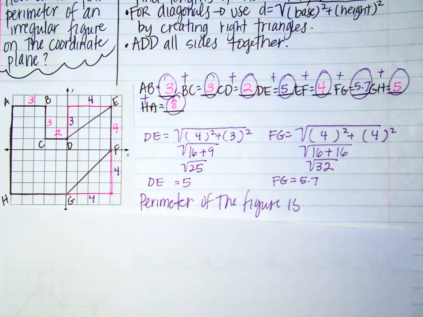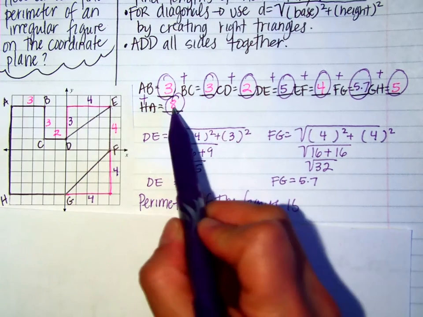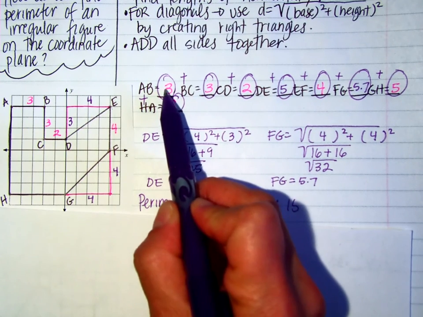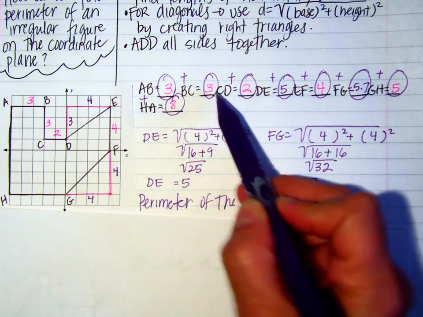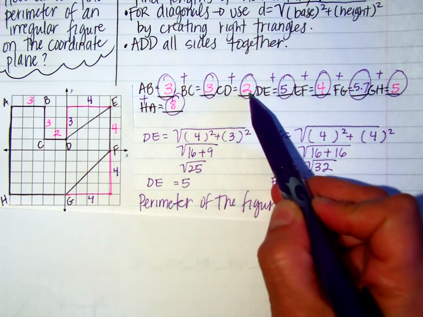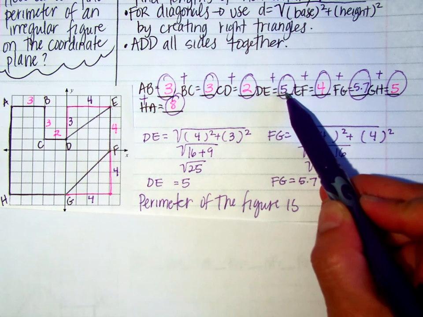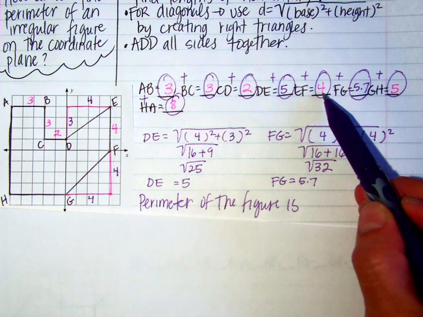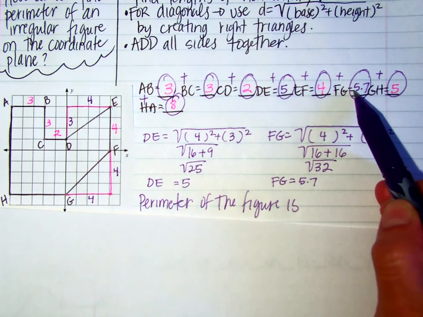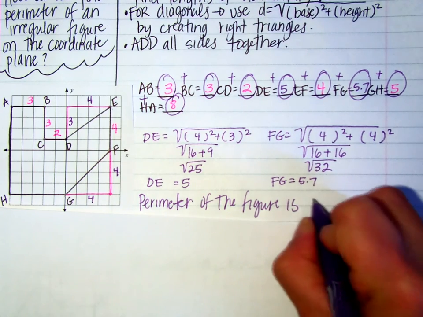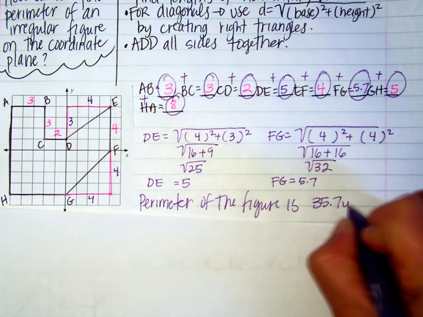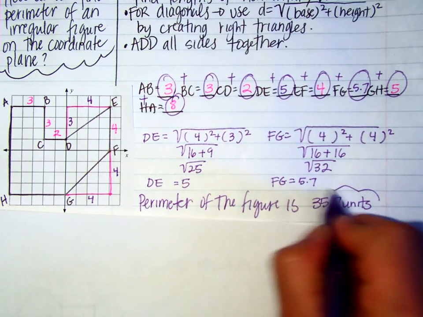Okay. So I'm going to start from here. I know 8 plus 3 is 11, plus 3 is 14, plus 2 is 16, plus 5 is 21, plus 4 is 25, 30, 35.7. And of course, we label it in units.